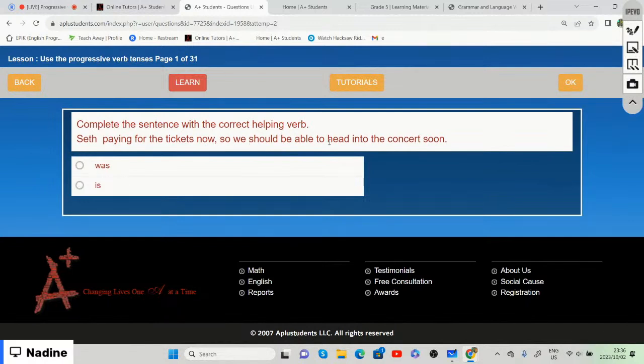So we should be able to head into the concert soon. So which helping verb shows that he is paying for tickets now?